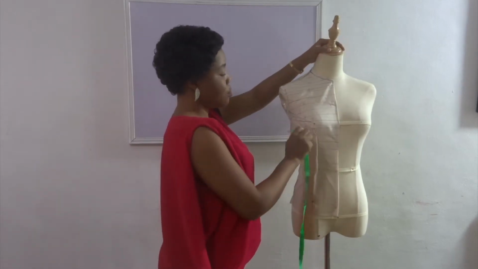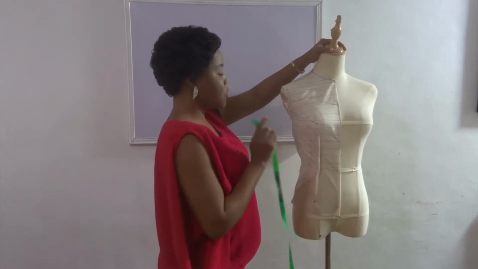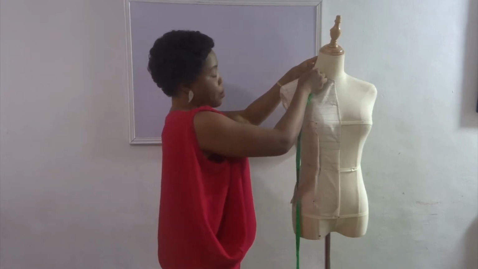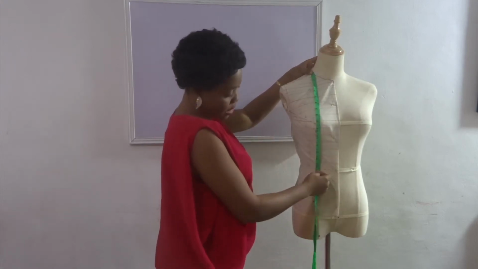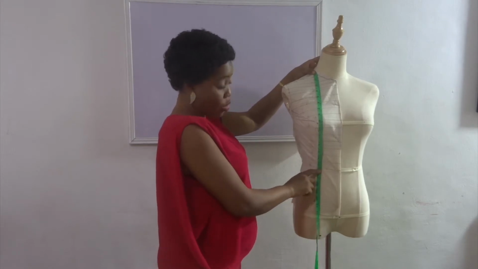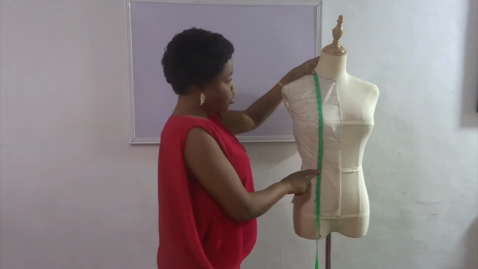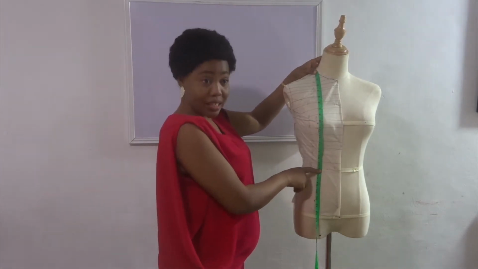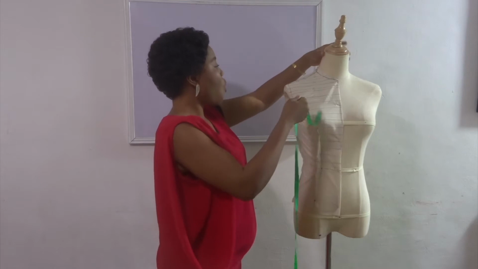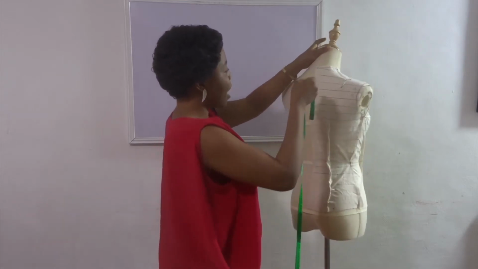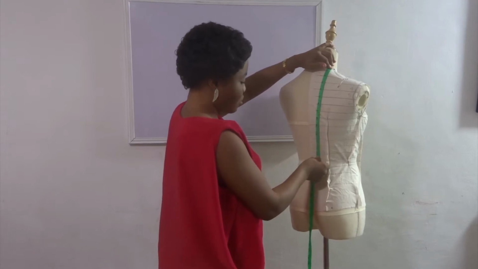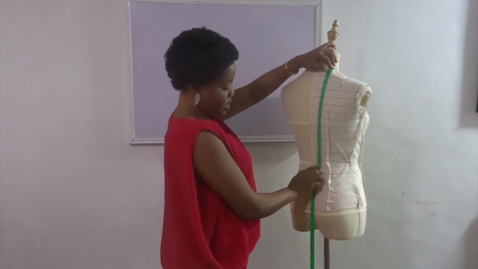Because of the bust, I would suggest that you always measure the nape to the waist of the front on its own, which I term front waist length. Then also turn to the back and measure your nape to the back waist.